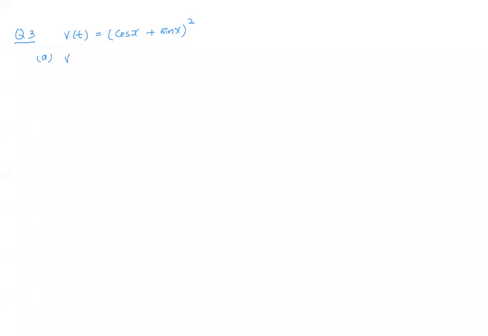Yesterday we have seen this. Correct? Yeah. So this plus this gives you 1. So this is 1 plus 2 sin x cos x, which is sin 2x, correct? Okay, you get the 2 marks there.